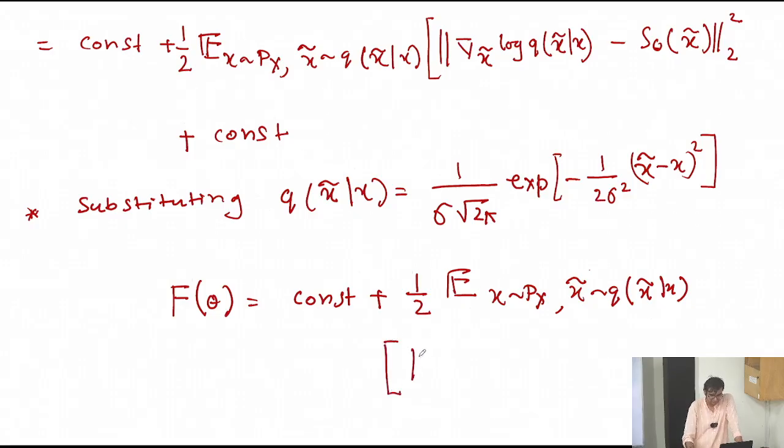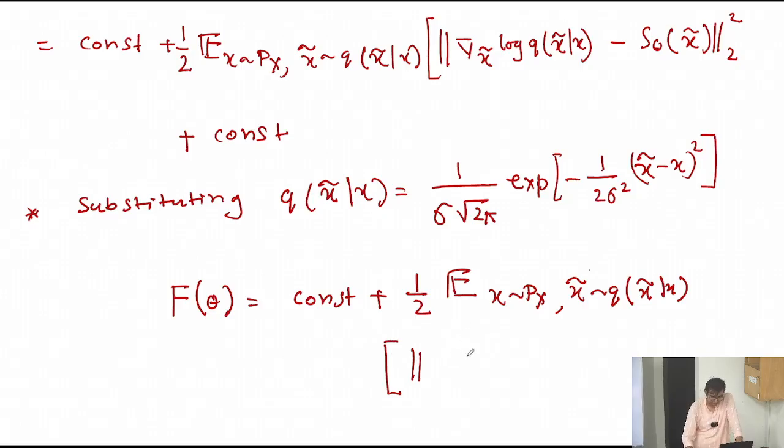Norm of x minus x tilde by sigma square minus s theta of x tilde, because there is a negative sign.